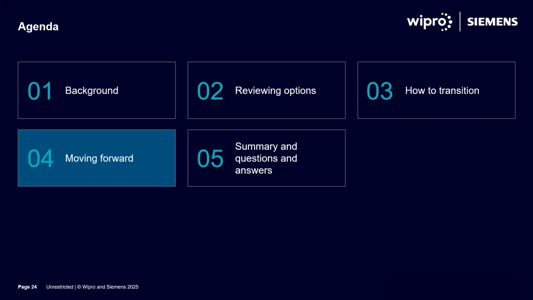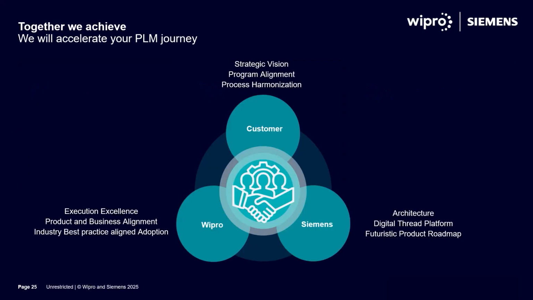Before I conclude, finally, the question is how we can move forward and how together we can achieve your PLM vision. As you all know, Siemens is a global leader in digital PLM platforms. Wipro is a global leader in providing digital transformation services.